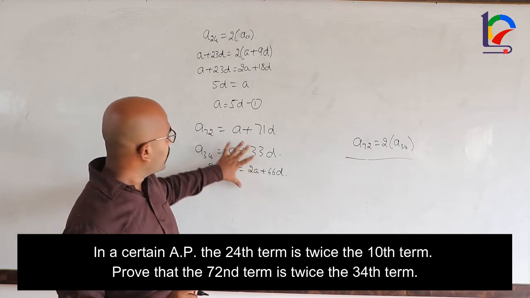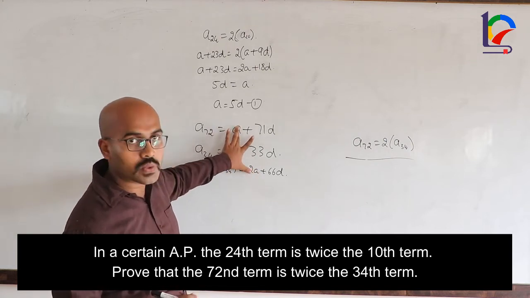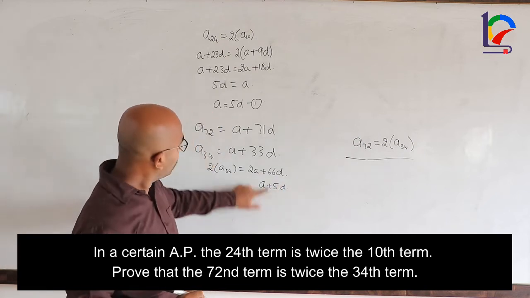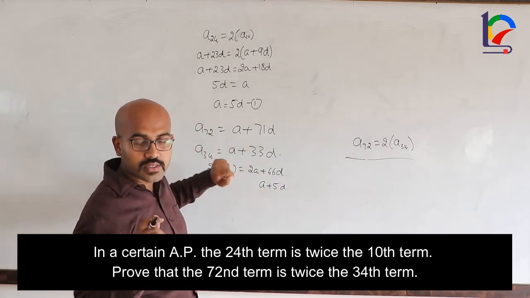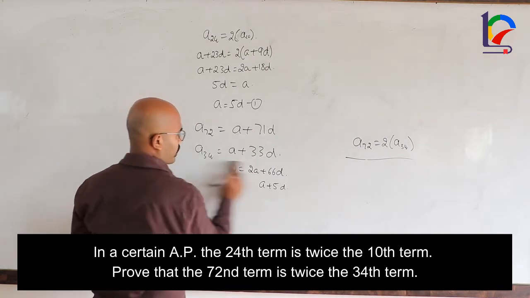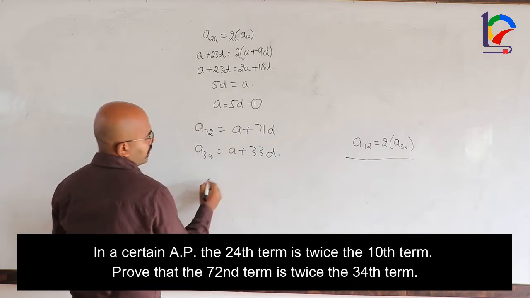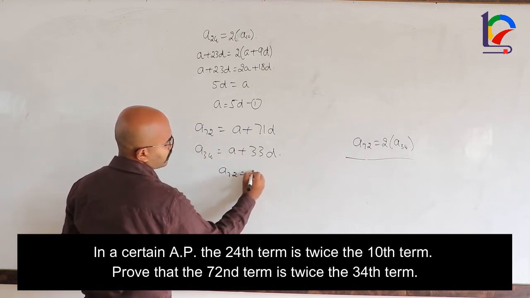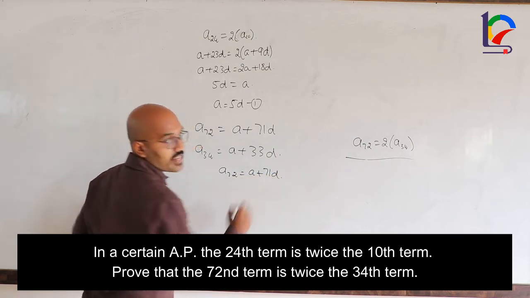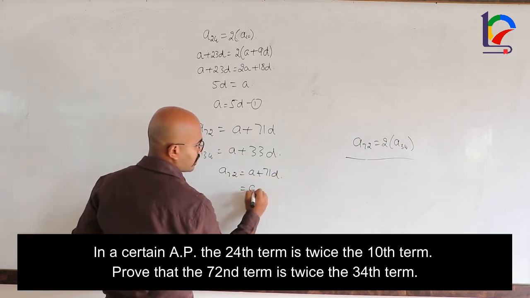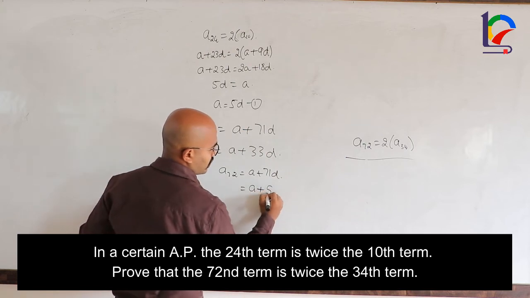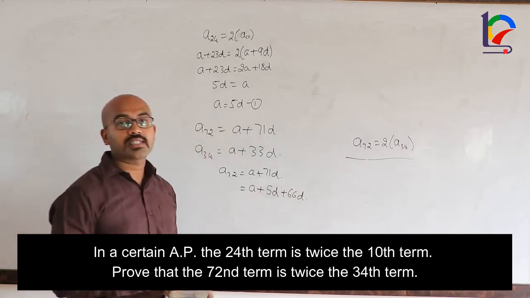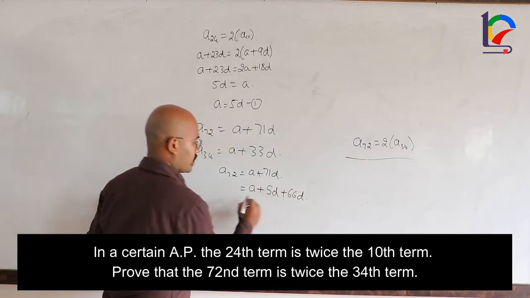So now, if you see, the difference of these two is a plus 5d. So, can you see any link here? So what you can do is, here, the 72nd term, a72, a plus 71d, can be written as a plus 5d plus 66d.